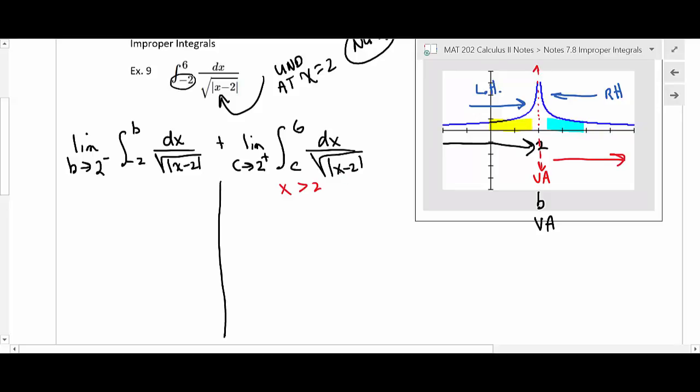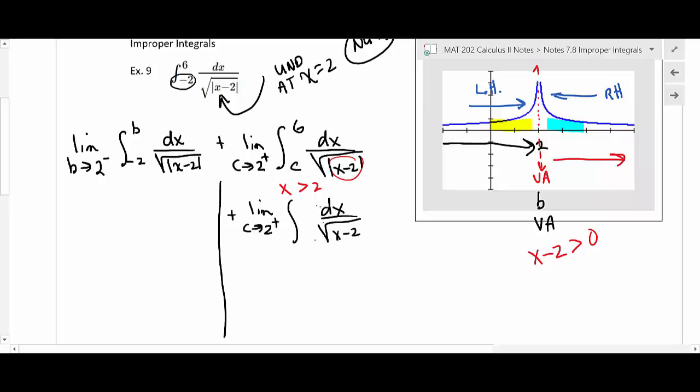This is real important now. When you're doing this integral, the whole region is there, and that makes it positive. Is everybody with me there? X is bigger than 2, therefore X minus 2 is greater than 0. So this limit is going to be the limit as c approaches 2 from the right-hand side of dx over square root of x minus 2.